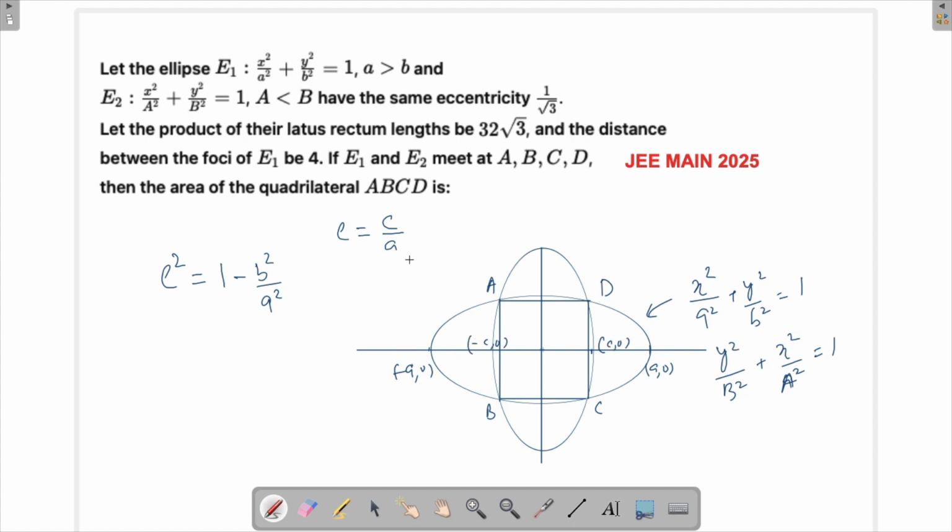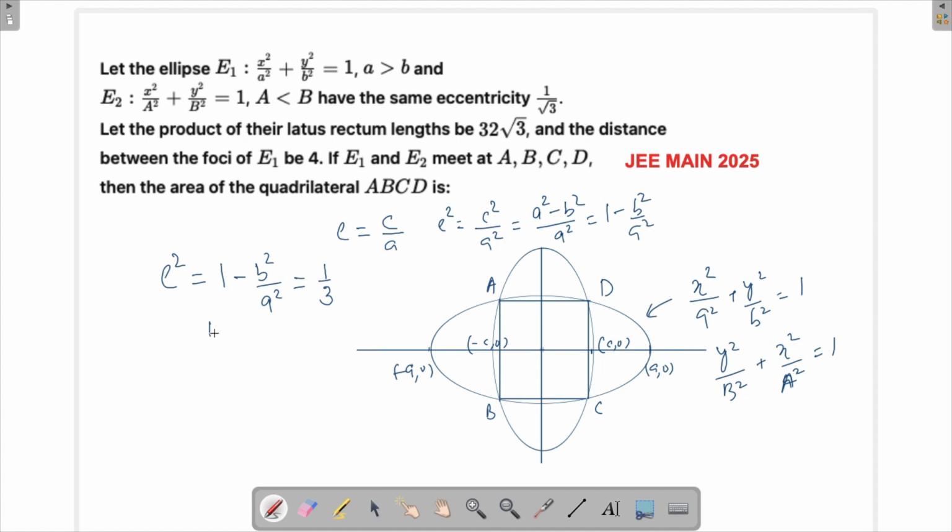So e square equals c square upon a square, and c square is nothing but a square minus b square, so you get 1 minus b square upon a square. This is given: 1 minus b square upon a square is equal to 1 by 3.